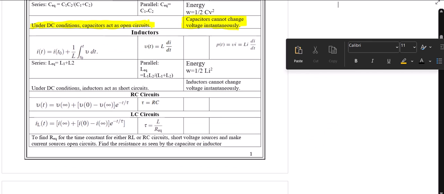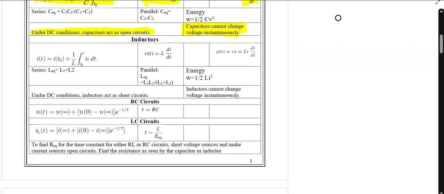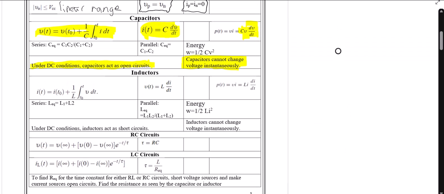Inductors, it's kind of the opposite of a capacitor. For a capacitor, you have I equals C dV/dt. For an inductor, you have V equals L di/dt. And you also can find the current by integrating that.